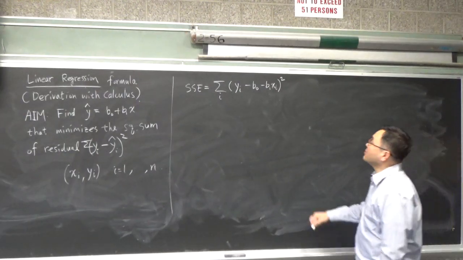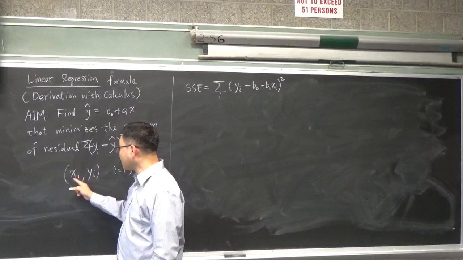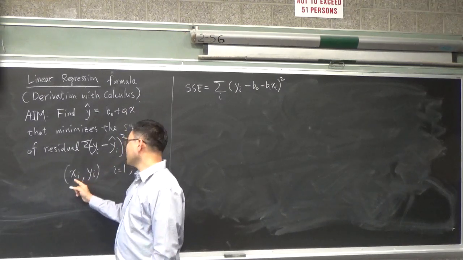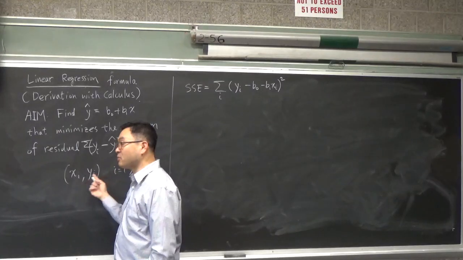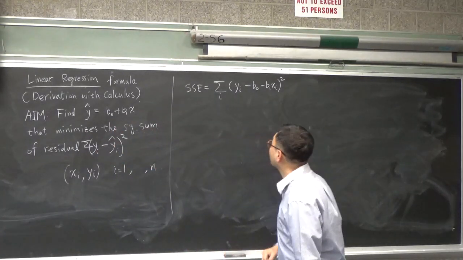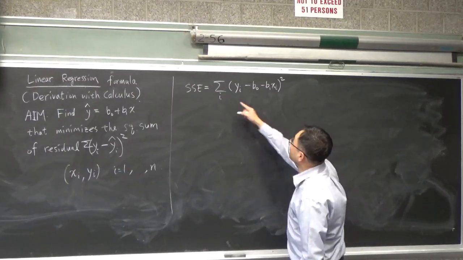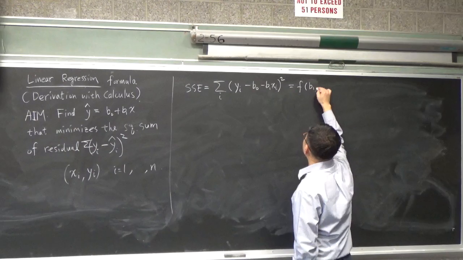Okay, as I said, because xi, yi are sample values that are provided to us, those are fixed, and we're trying to find out the value of b1 and b0. You should really look at this function as a function of b1 and b0.